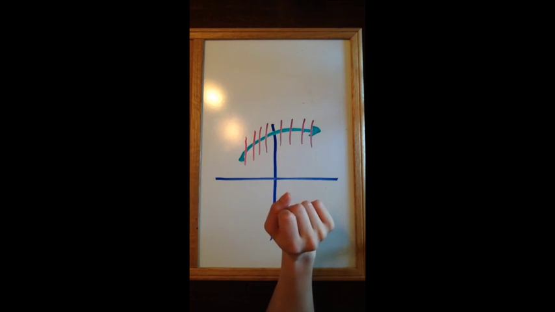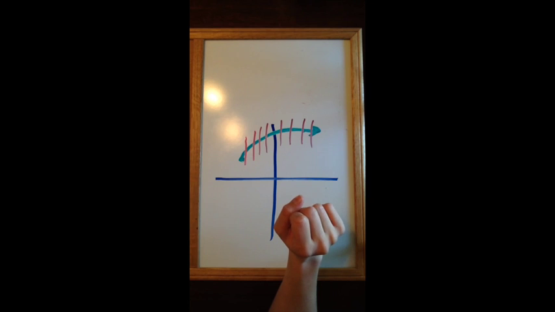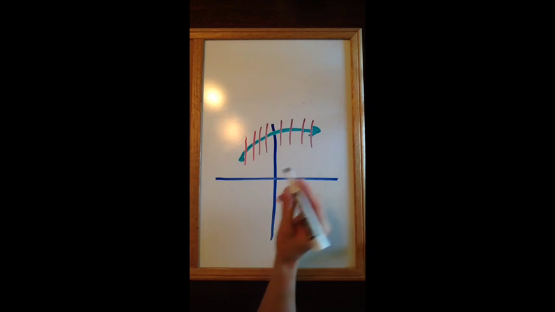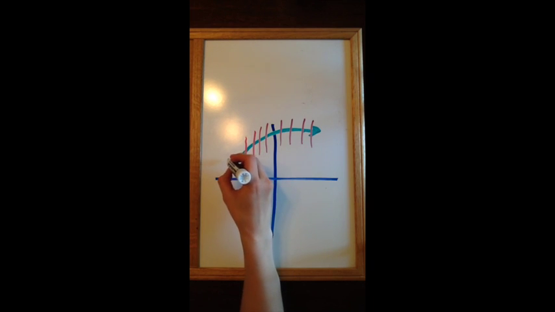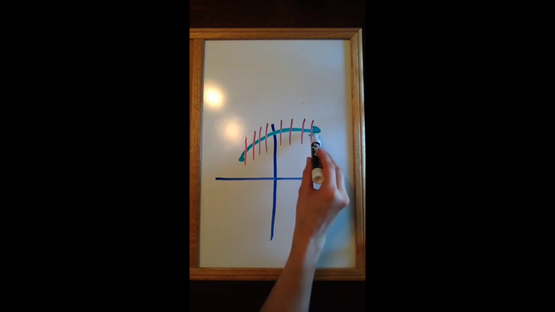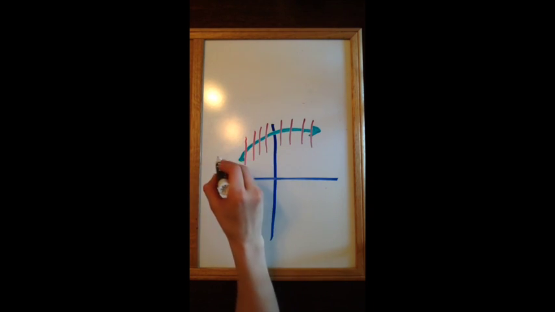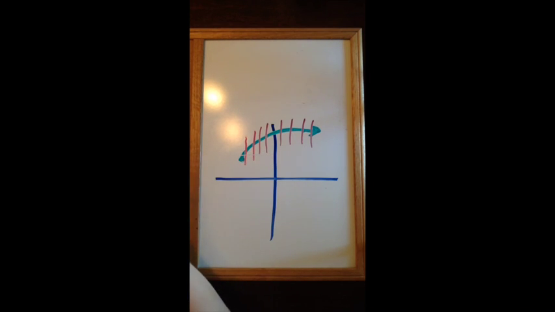It passes the vertical line test because each pink line only crosses the green graph once. Now, if we do the horizontal line test, which is a very similar test, but going horizontally instead of vertically, the horizontal line test will tell you if the inverse of the square root graph is a function.